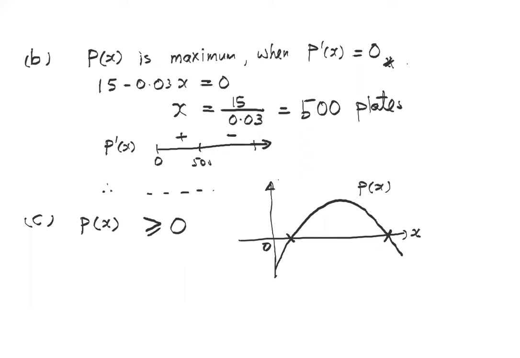So you don't have to solve manually. If you don't want, you can also use your scientific calculator, correct? You solve for 15x minus 0.015x squared minus 650 equal to 0. You will get two values of x. Am I right? You can do that. I sketch a graph because I want to explain certain things to you.